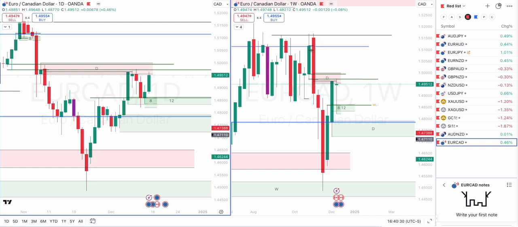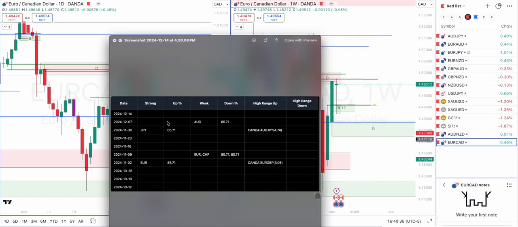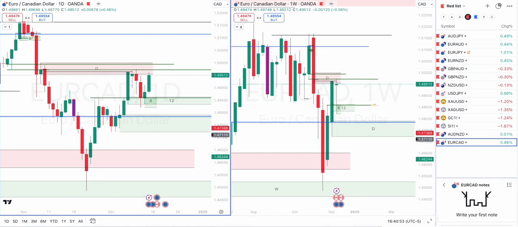According to the weekly chart, the strongest was JPY and the weakest was Australian dollar, which can include New Zealand dollar also, because they are correlated currencies. So let's say weakest was Australian dollar and New Zealand dollar, and strongest was JPY.